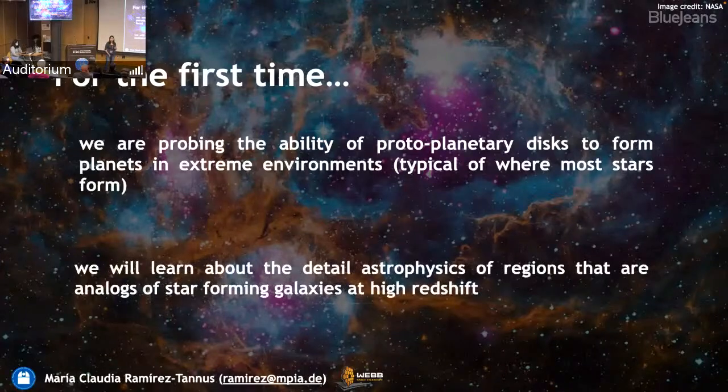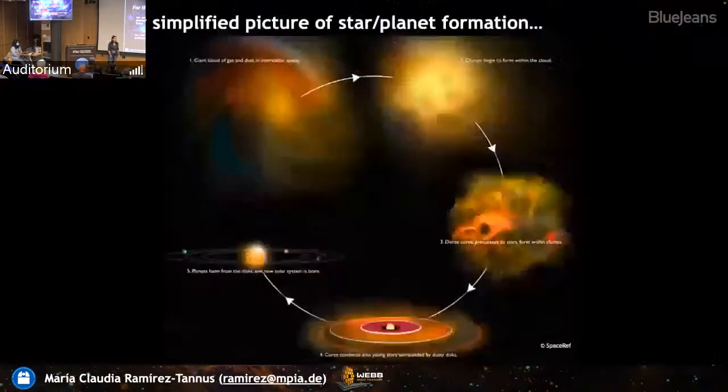And second, that thanks to James Webb, we are now able to learn about the detailed astrophysics of regions that are the analogs of star-forming galaxies at high redshift, or very, very far away. So the things that you detect with a single pixel.